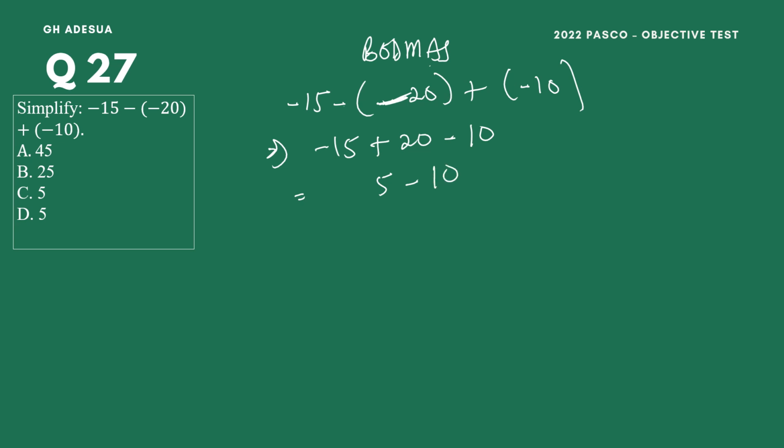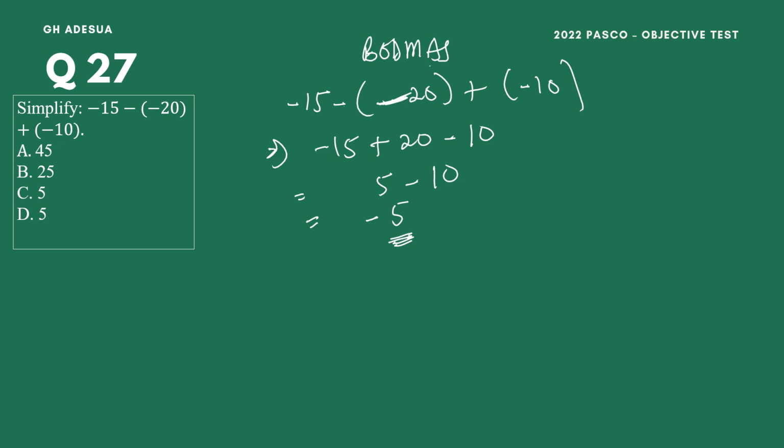So we have 5 minus 10, which gives negative 5. I'm sorry, in the options both C and D are 5. One of them should be negative, whether C or D. But the answer is negative 5.